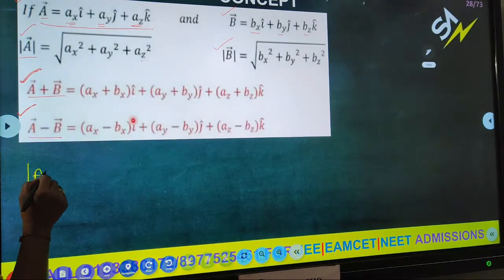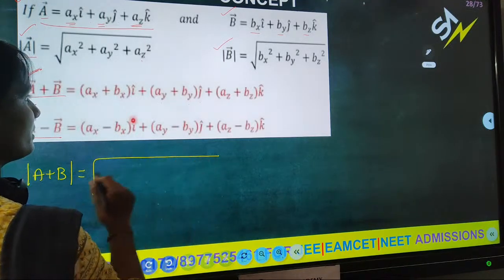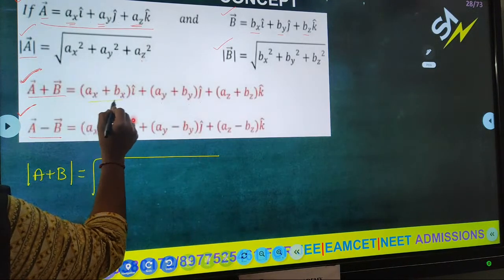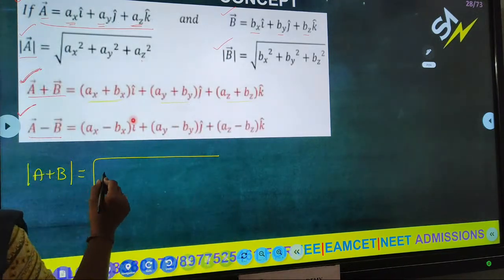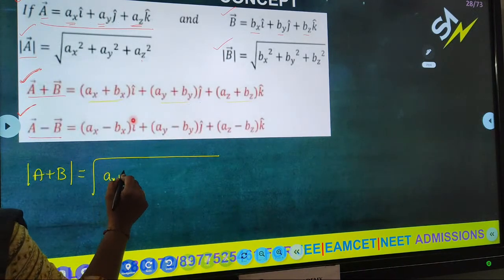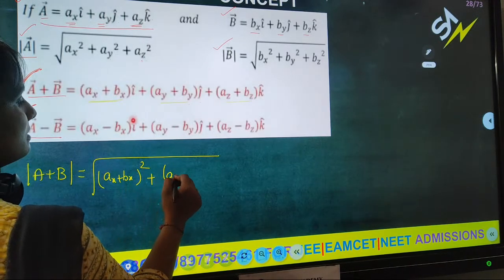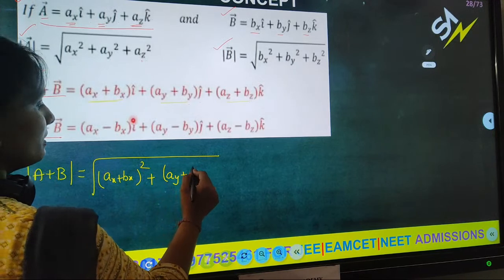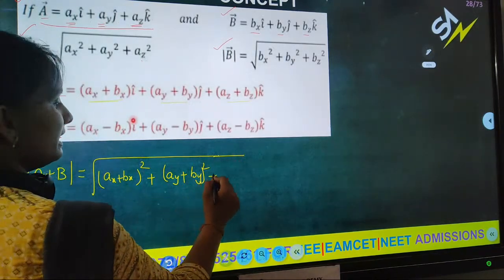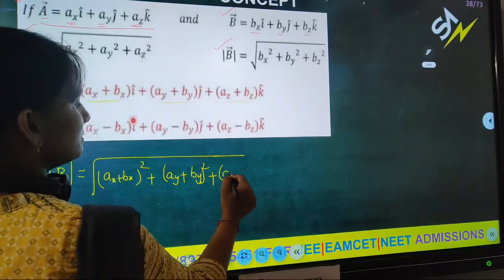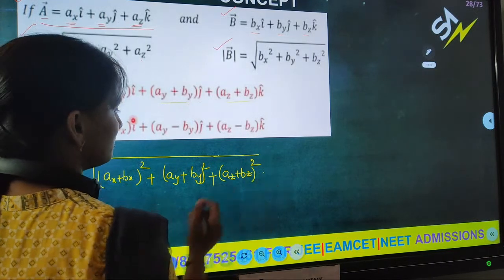Here you can find the magnitude of a plus b also. It will be equal to under root of, now this is the x component, y and z component. It can be written as ax plus bx whole square plus ay plus by whole square plus az plus bz whole square.